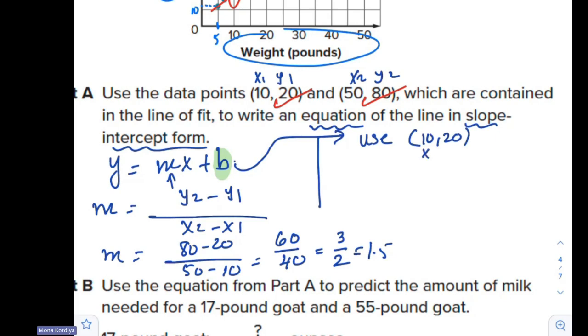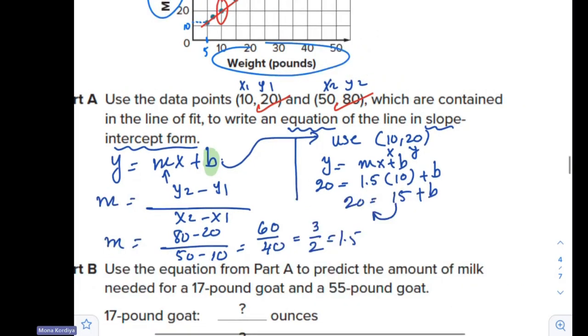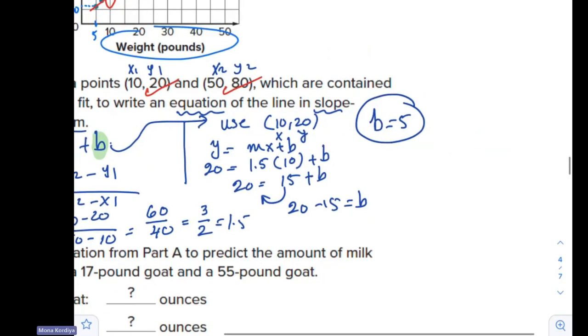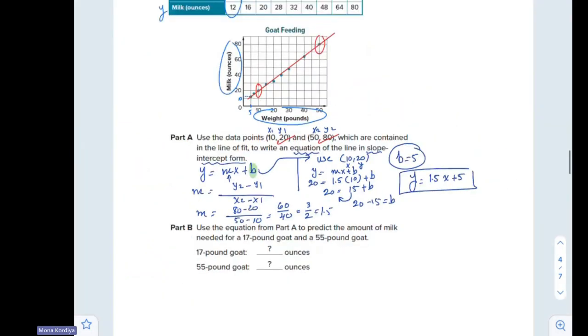So you will use this as X, this as Y. Y equals mx plus B. So this is 20, the slope that we have found, 1.5, X is 10, plus B. So 20 is 15 plus B, and this will go here. 20 minus 15 is our B. So B is 5. Then the equation will be y equals the slope that you have found, 1.5, x plus the new b, 5. This is the equation representing the situation.